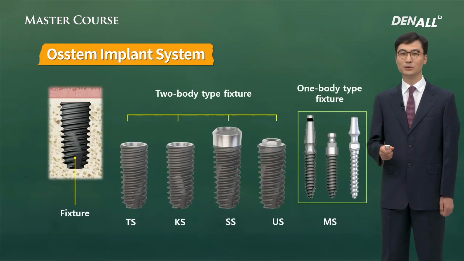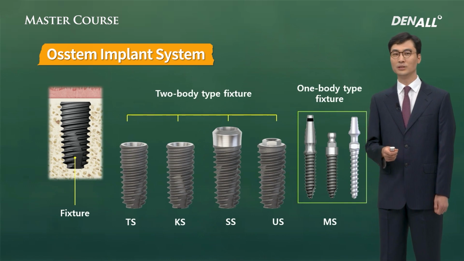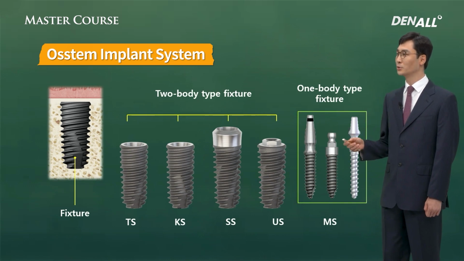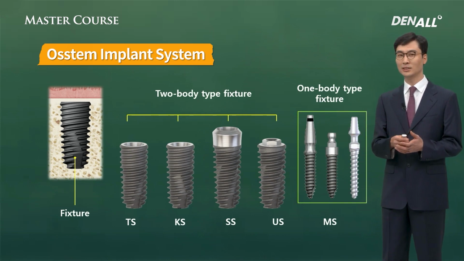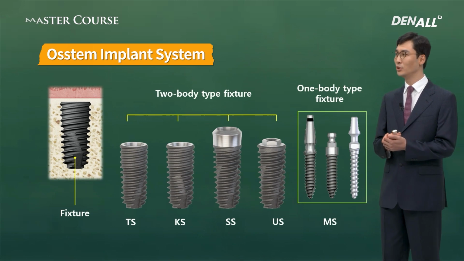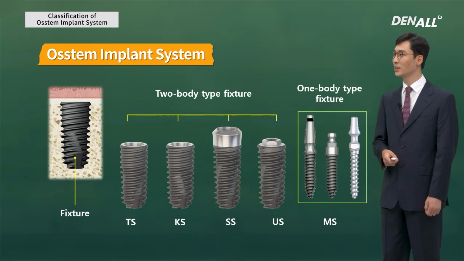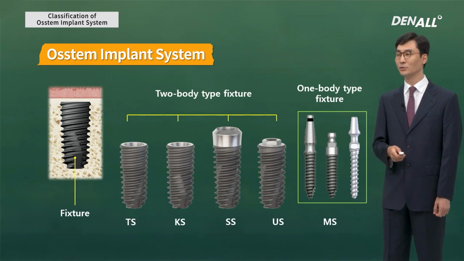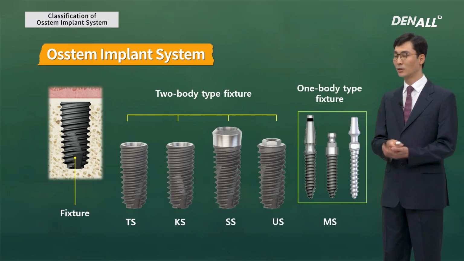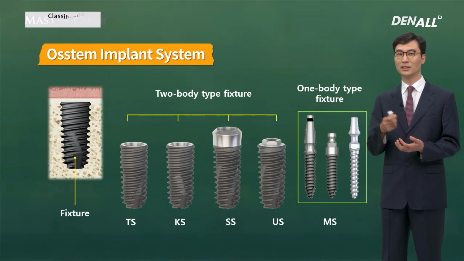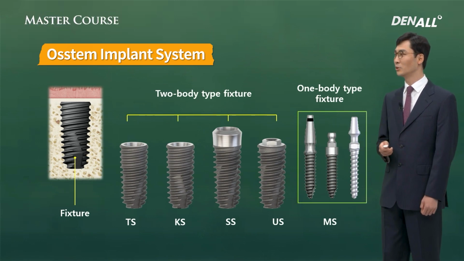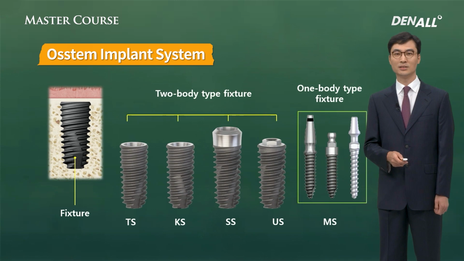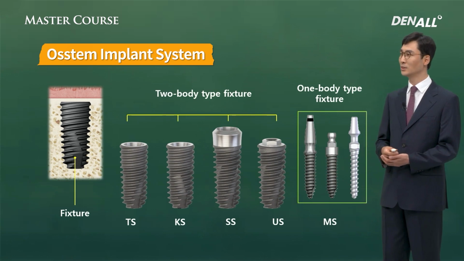The implants can be classified into various groups. The representative group is the two-piece type implant, with separated abutment and implant, which is the generally known implant. And there is a one-body type implant which doesn't have a connection between the two parts.